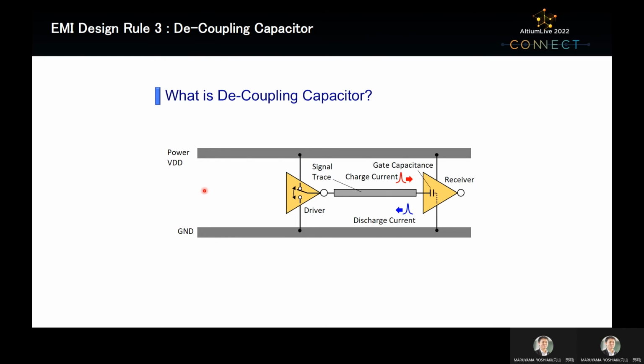A capacitor placed between power and ground to suppress the noise source is called a decoupling capacitor. For the discharge current and feed-through current from the IC, by adding capacitors, you can separate the noise from the main power and prevent noise from flowing out to the main power plane.